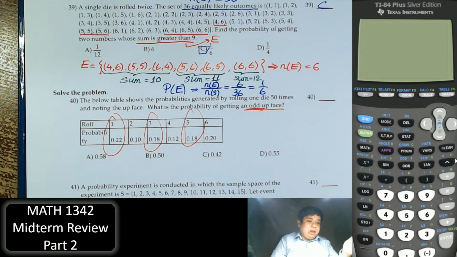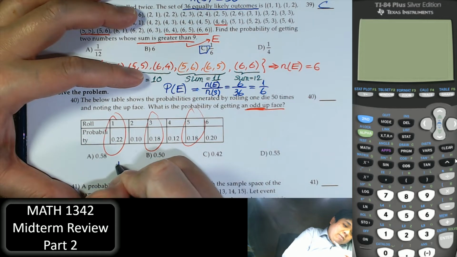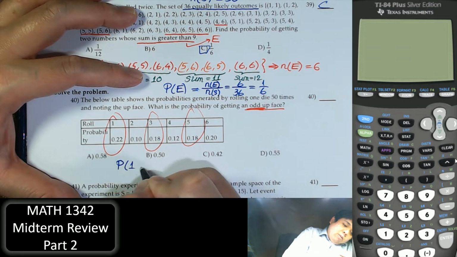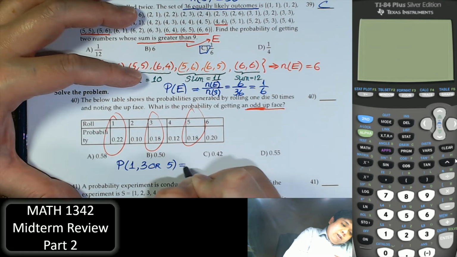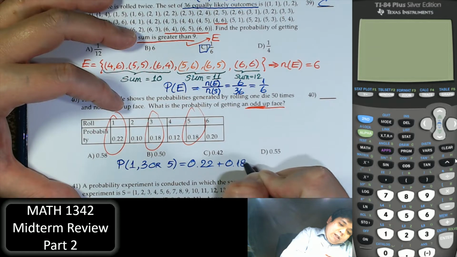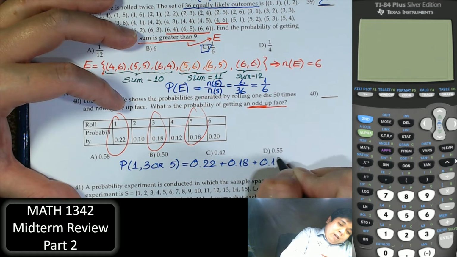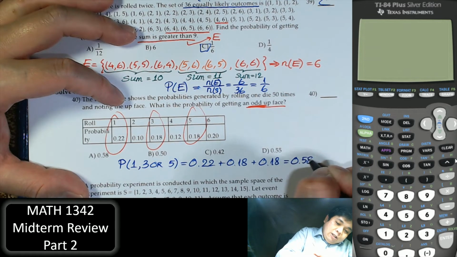You cannot get 3 and 5 or 1 and 3 at the same time. So in that case, we just add them. Probability of 1, 3, or 5 is 0.22, 0.18, and 0.18, and you have 0.58.